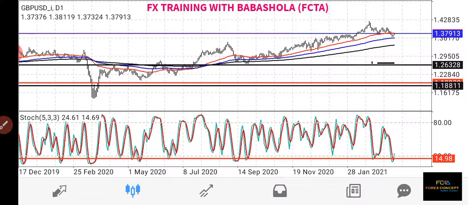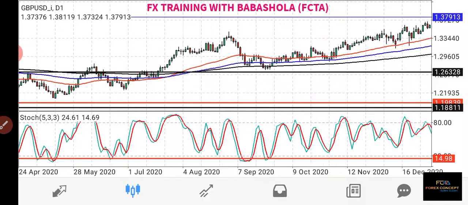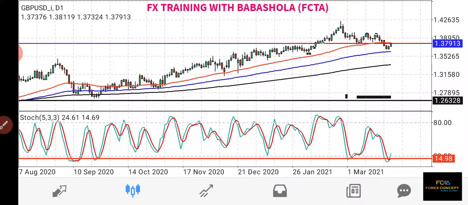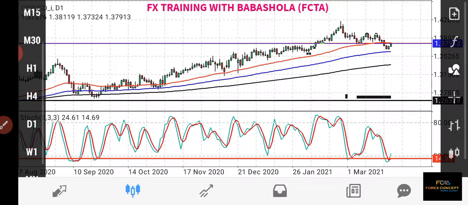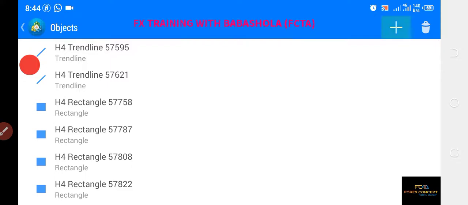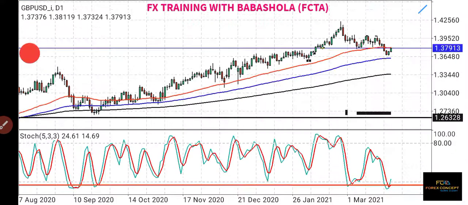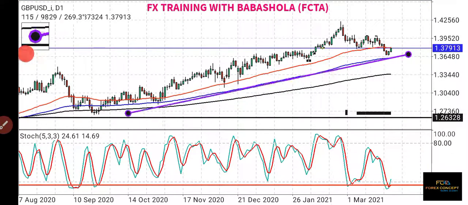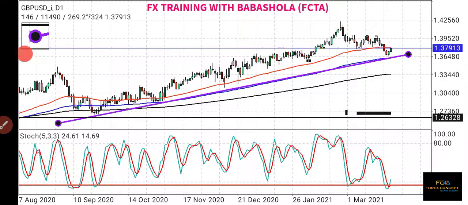On the D1, let me just show you, we have something like a wedge that is forming on the newly formed candles. Can you see?